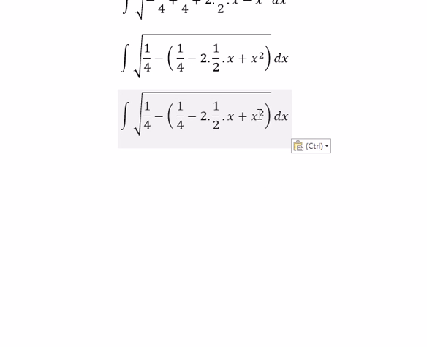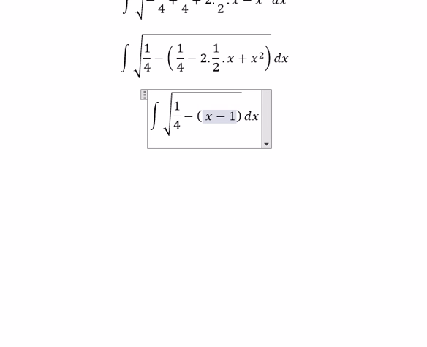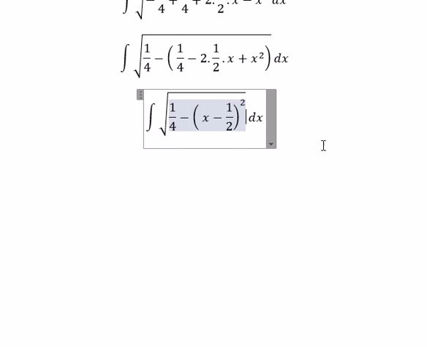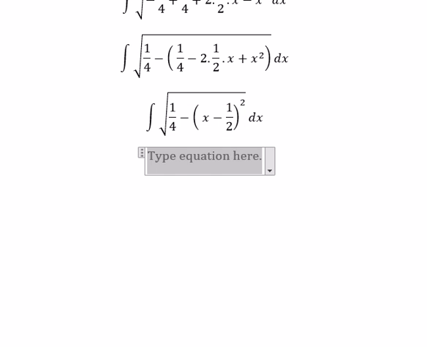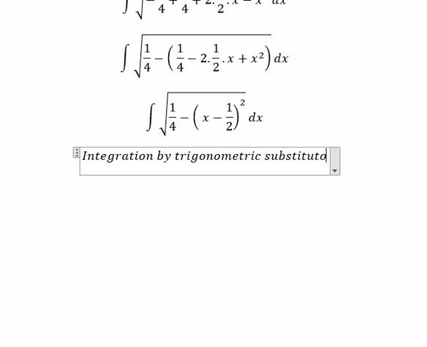Next, this one we can put about x minus 1 over 2 everything to the power of 2. Next, we need to use about integration by trigonometric substitution.